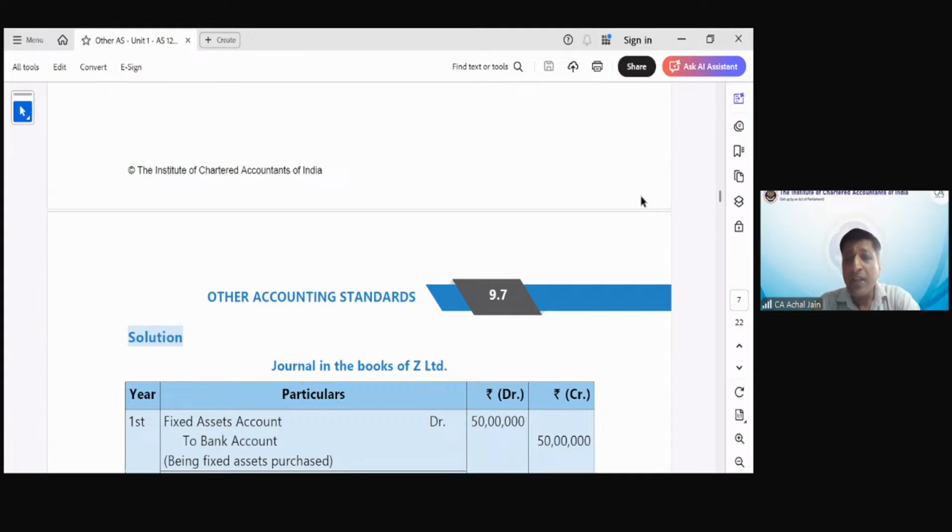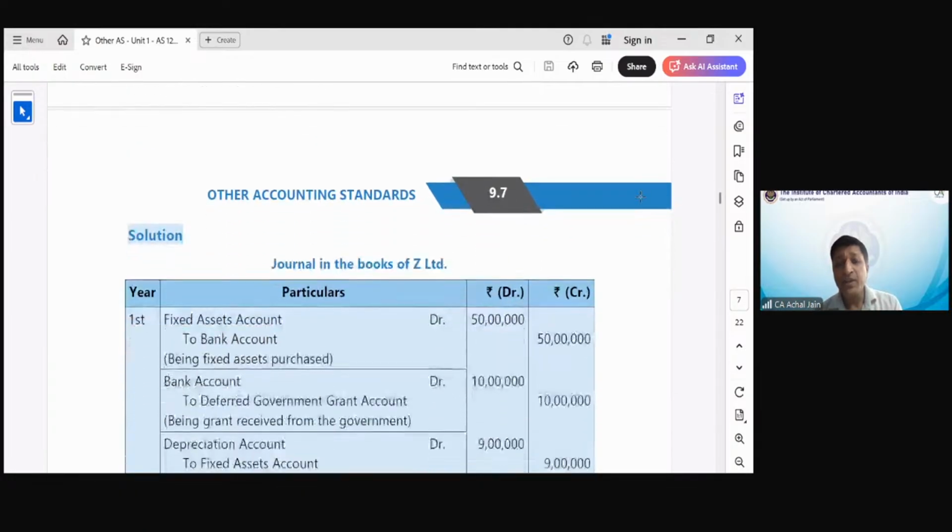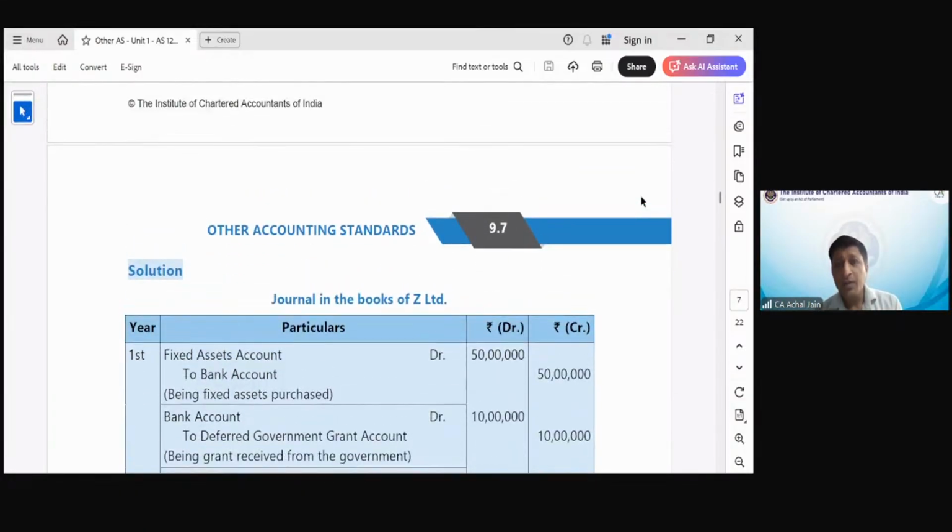But before that, there's one more point. When you purchase the asset, you also receive the government grant, yes or no? Yes, sir. 10 lakh. So at the beginning of the year, depreciation you will pass at the end of the year. First of all, you need to remember there's a flow you'll have to follow. So at the beginning of the year, when you receive the government grant, that accounting entry you have to pass.